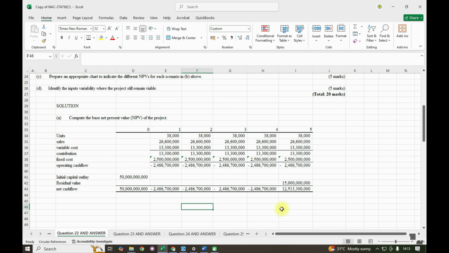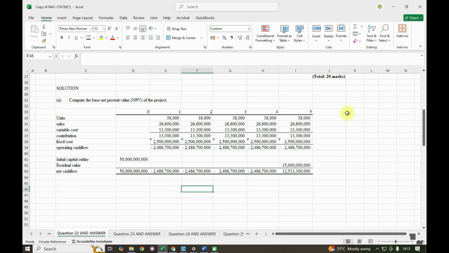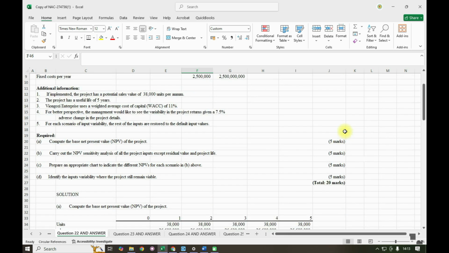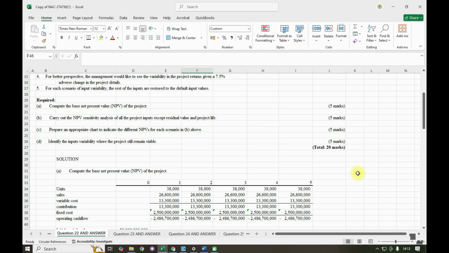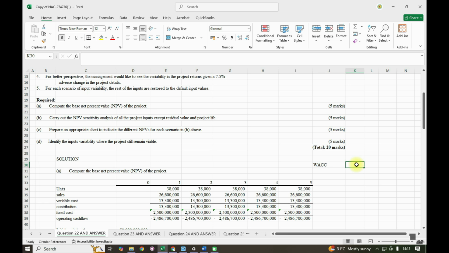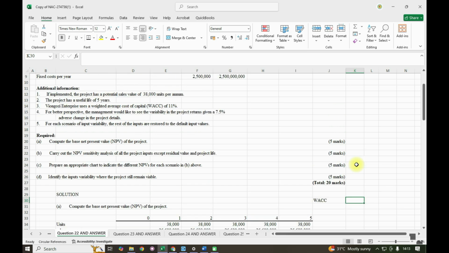So for our NPV, we know our WACC is 11%. So WACC, and just write it here. WACC here is 11%. And the other thing we know is for sensitivity.